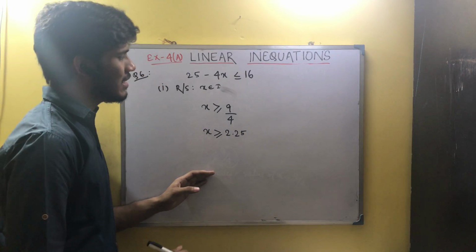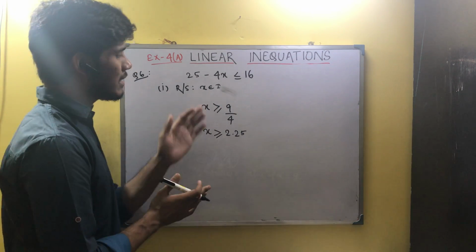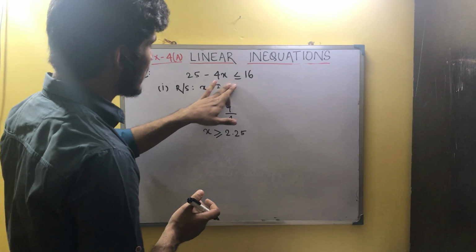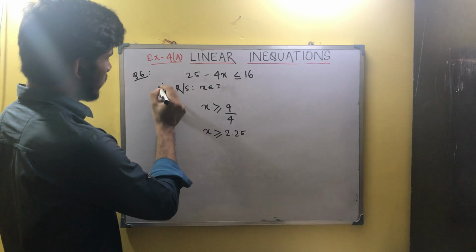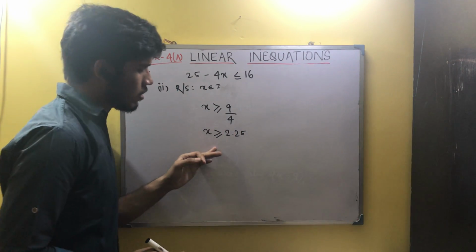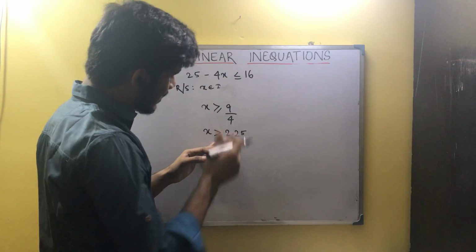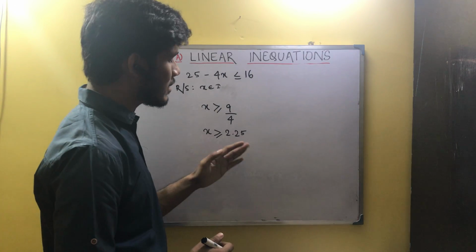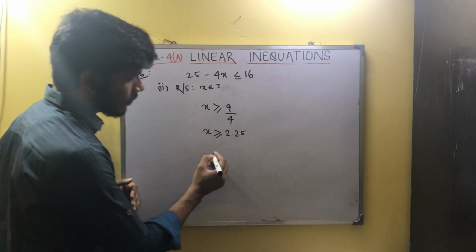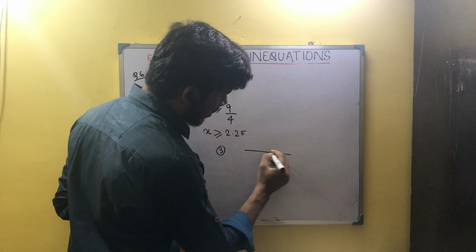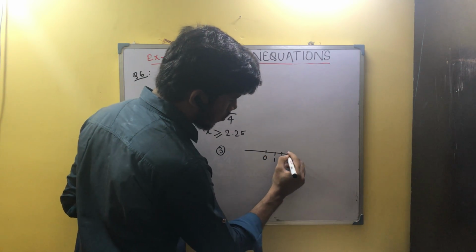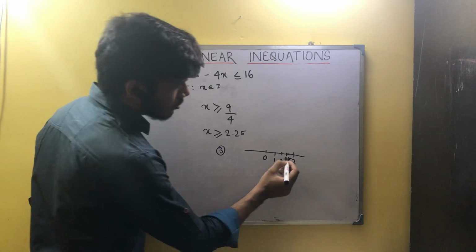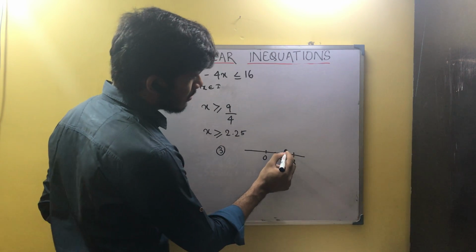So it asks for the smallest value of x when x is an integer. Now x can only be an integer for the second part. If x is greater than or equal to 2.25, then what is the smallest integer possible for x? Obviously 3, because on the number line after 0, 1, 2, somewhere here will be 2.25, so this cannot be our answer.